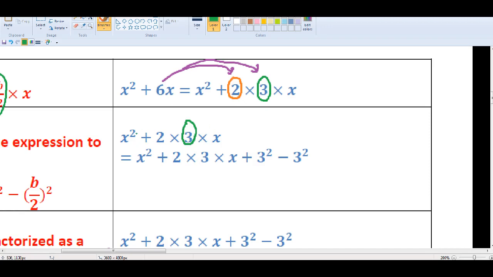And this expression, you rewrite into x squared plus 2 times 3x plus 3 squared. But since there's no 3 squared originally, you have to take it away. Otherwise, you compromise the equal sign, because the two expressions must be equal.